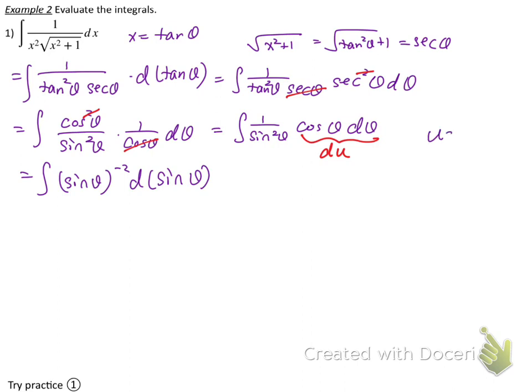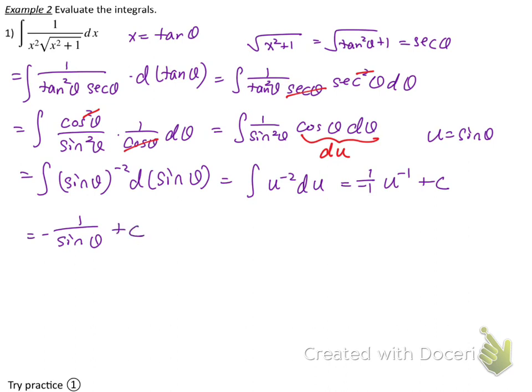Let my u be sine theta. I'm having the integral of u to the negative 2 du. And that is power rule. You add the exponent by 1, you flip it, you plus c. This is negative, I don't want to write negative 1 on the exponent, negative 1 over sine theta plus c.